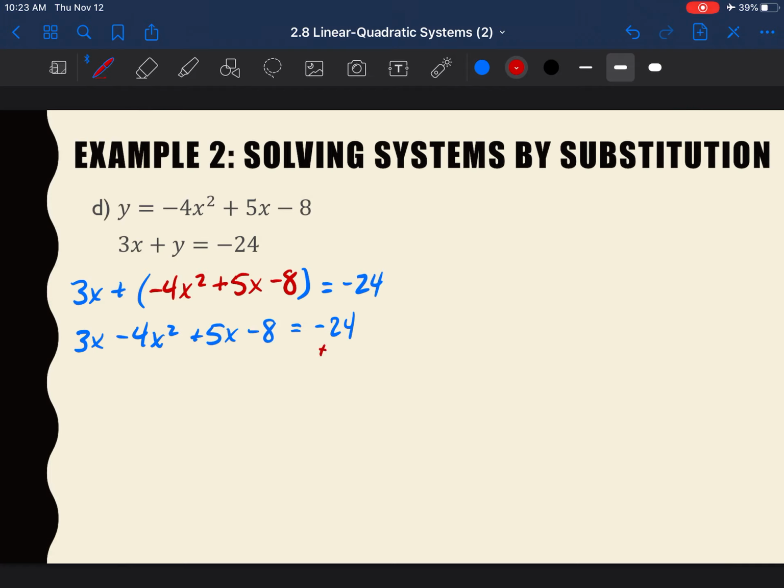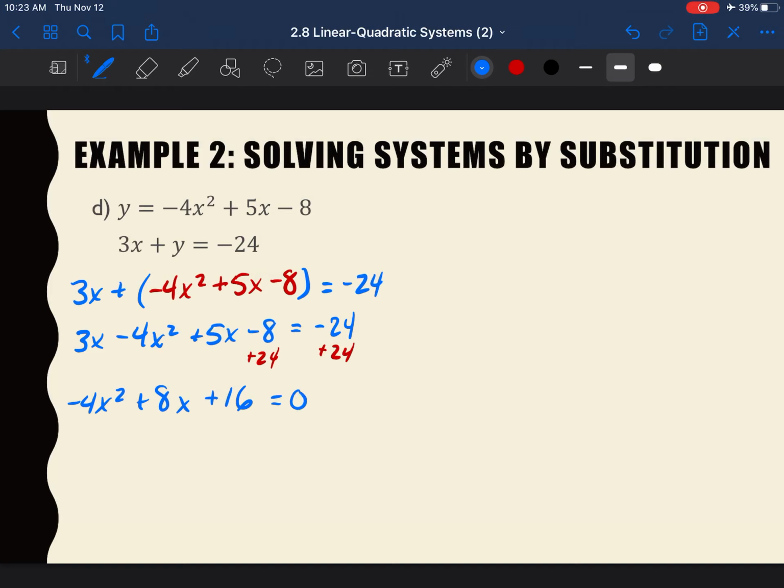Add 24 to both sides. And combine the like terms. So negative 4x squared plus 8x plus 16 equals 0. Again, same thing. Everything's divisible by 4.